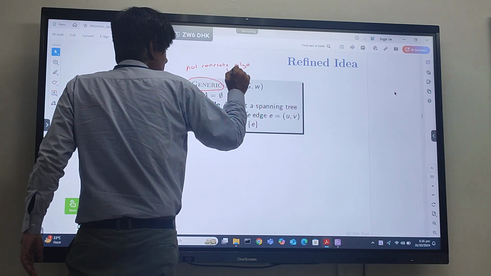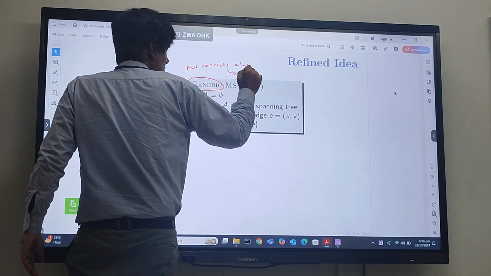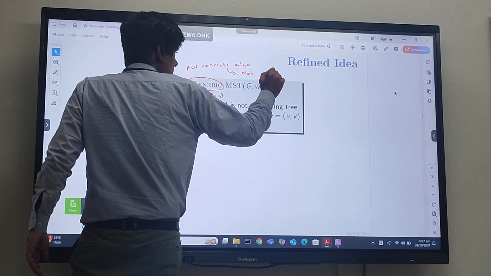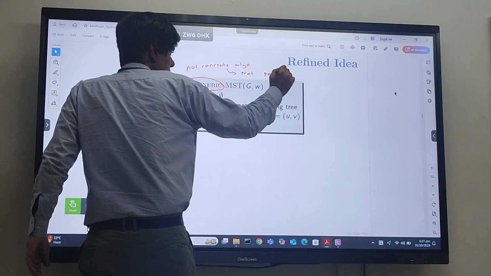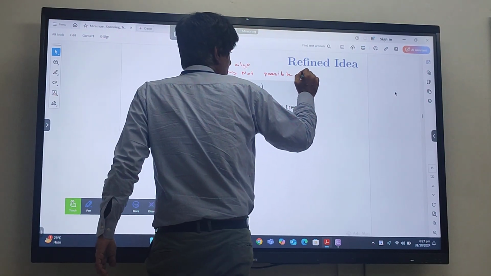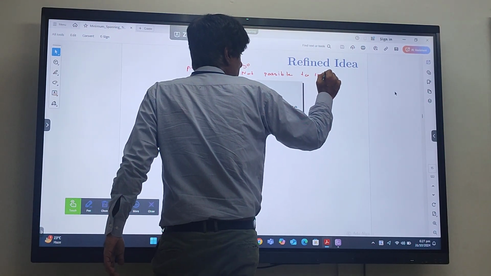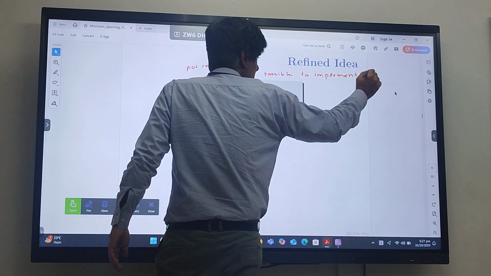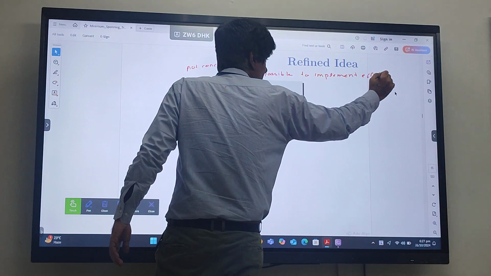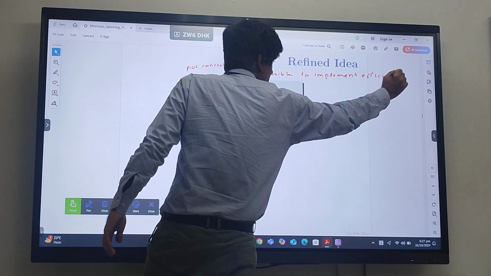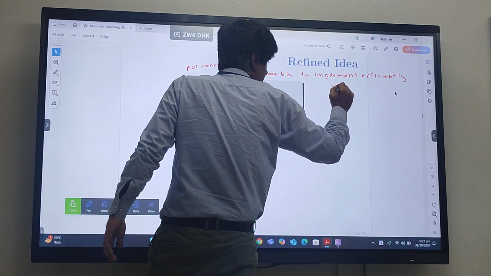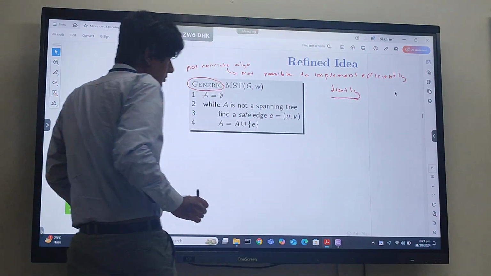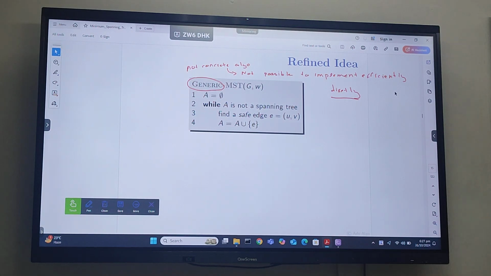Which essentially means it's not directly possible to implement. So it's just a broad idea.